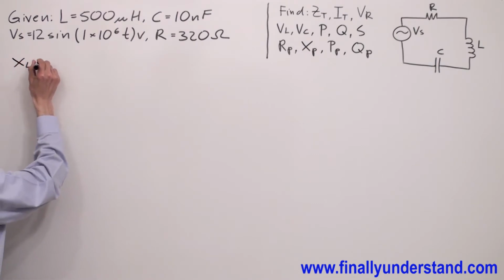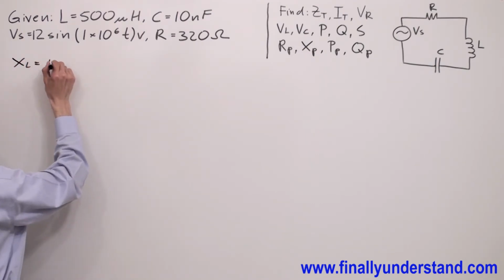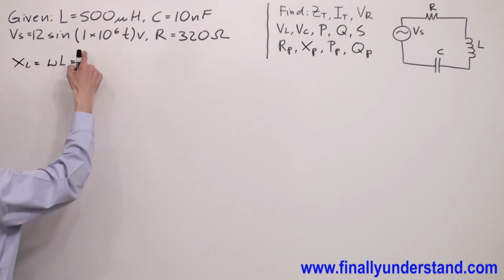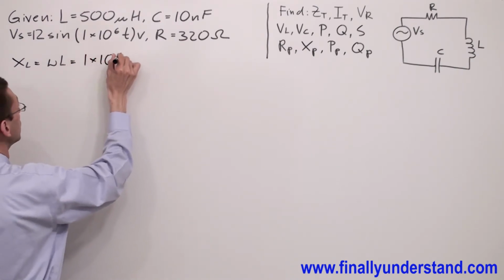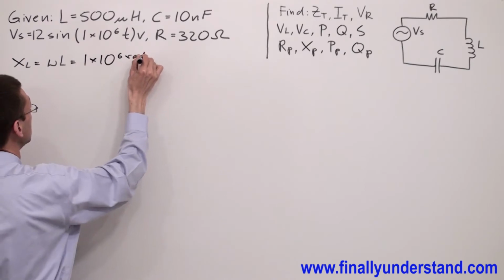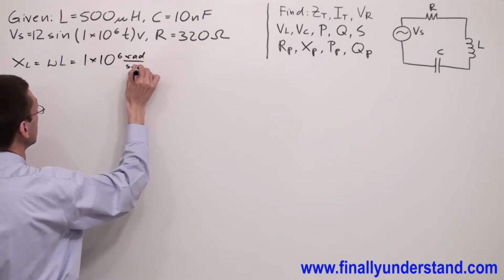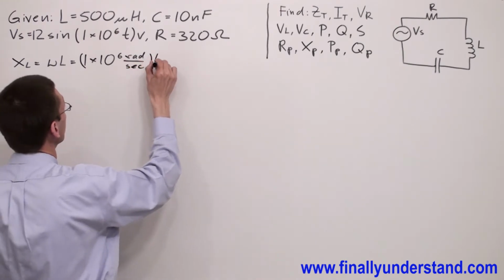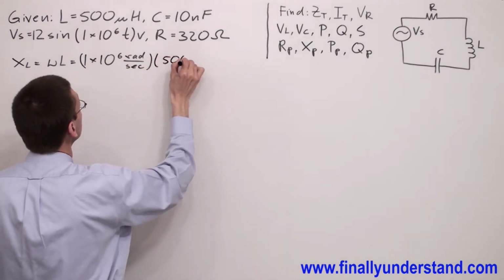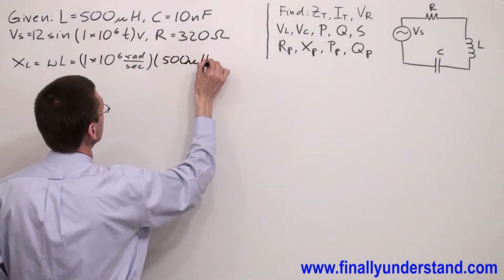X of L is equal to omega L, where omega is equal to 1 times 10 to the 6th radians per second, times L, which is equal to 500 microhenries.